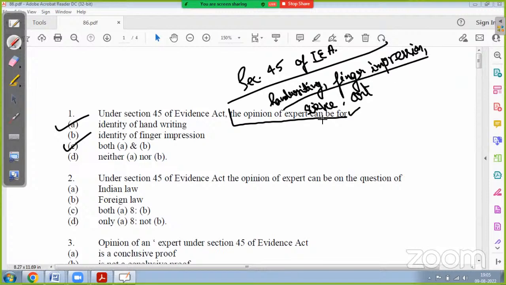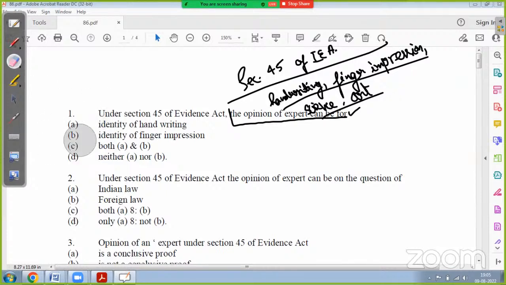Okay? So for all of these things, the opinion of the expert can be given. So here the question is whether under section 45 the opinion of the expert is relevant or can be taken to identify the handwriting, to identify the finger impression, both A and B, and none of the above. So its correct answer will be both A and B. So C is the correct answer.